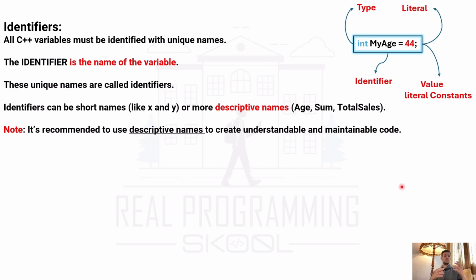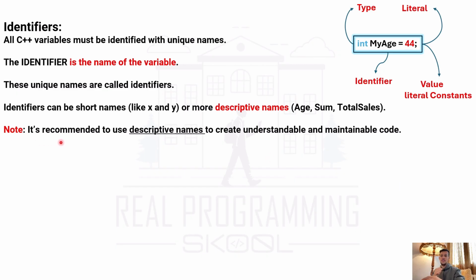If your value is going to represent the age of somebody or a student, it's better to name your variable age. If it is a number that you will use in addition or subtract operations, it's better to name it sum. If the value represents total sales, it's better to name the variable total sales.